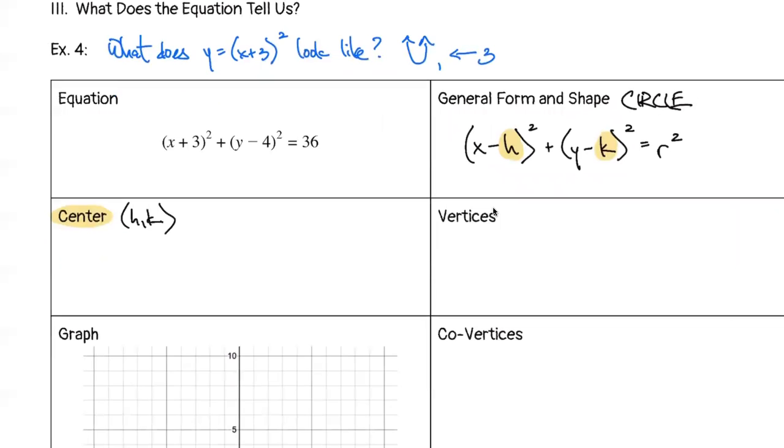Now, if this x plus 3 that we talked about for the parabola moved the parabola to the left 3, that means that the vertex is at -3, right? Because we moved over to the left.